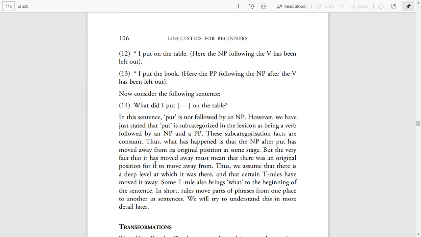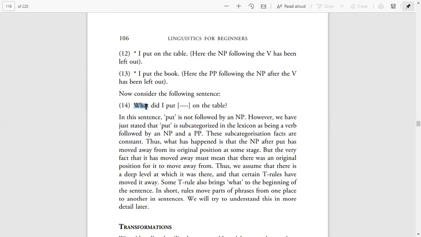So we assume that there is a deep level at which it was there, and that T rules have moved it away. So we assume that at deep level there was an NP after put, right? But we applied this T rule, the transformation rule, here.